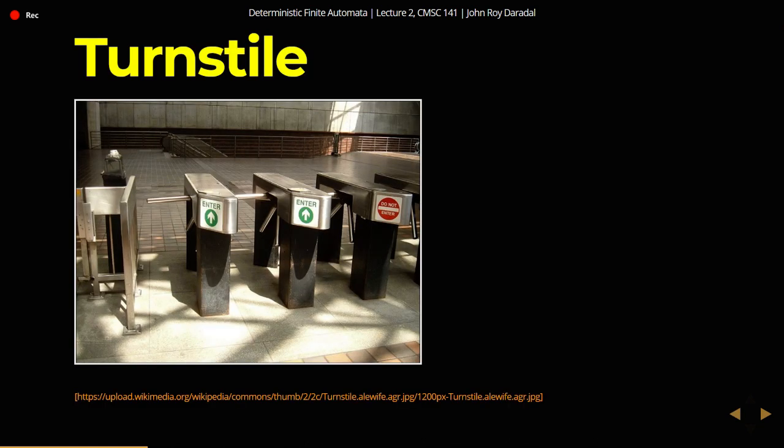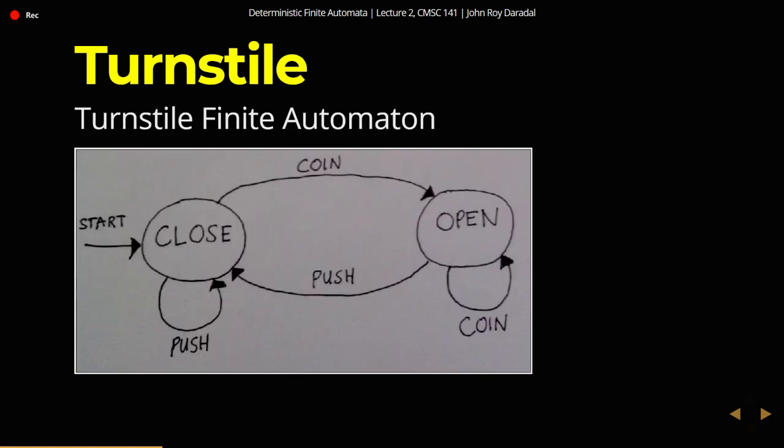An example of such system with limited memory is a turnstile. So you've probably seen this in the movie house or in train stations, right? So a turnstile's finite automaton would look something like this. At the start, the turnstile is closed, right? So at the closed state, no matter how hard you push it, it will remain closed.